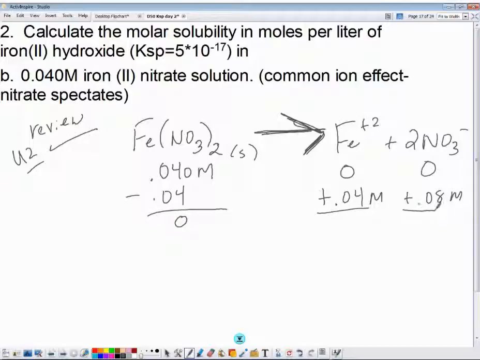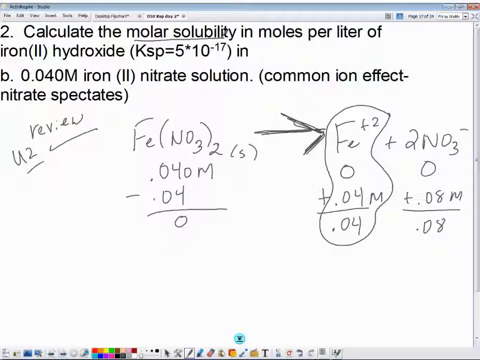And what I have on this side, the only important part is going to be the iron, the common ion part. I have those 2 values. I could care less about the nitrate. He's going to spectate anyway. This is the only part that matters for when I want to figure out the molar solubility of my iron(II) hydroxide with a common ion floating around.